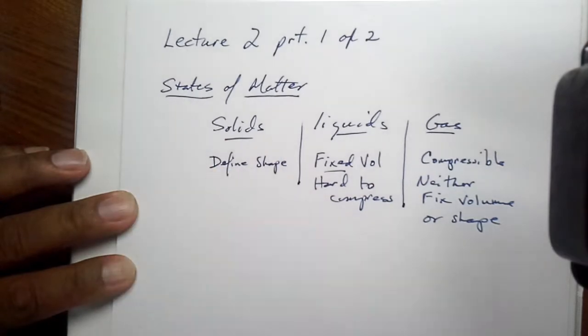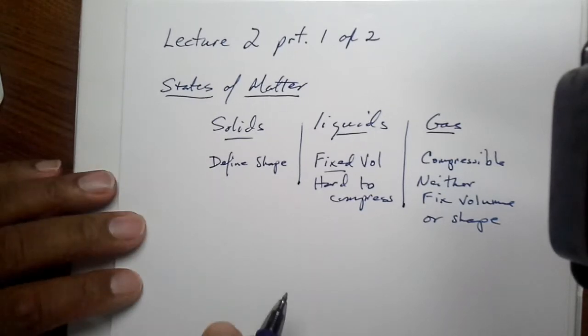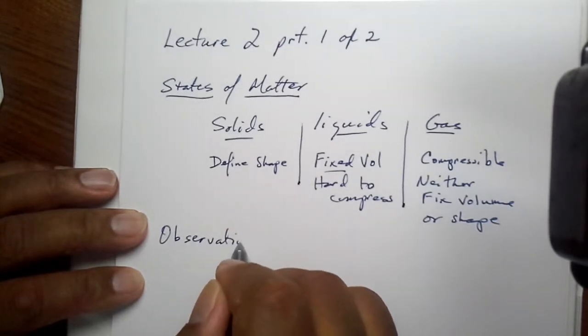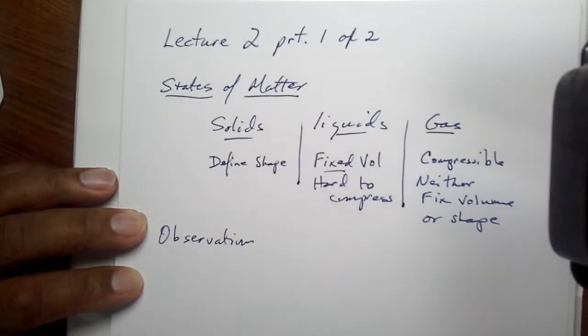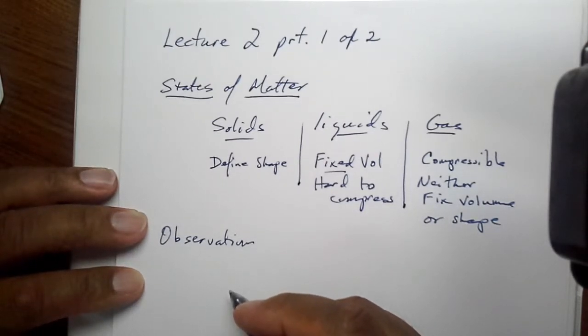Now, this is the initial observation. Observation meaning that before anything can really be concluded about an object, you have to observe it.